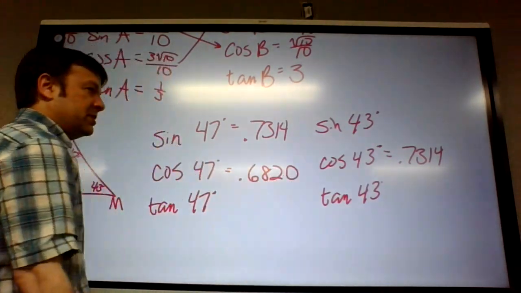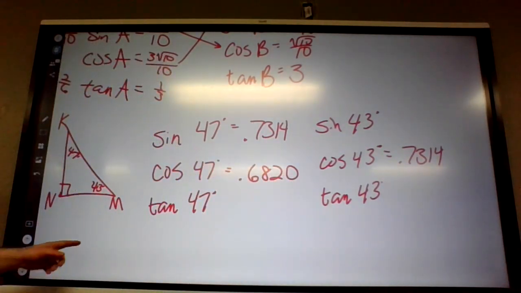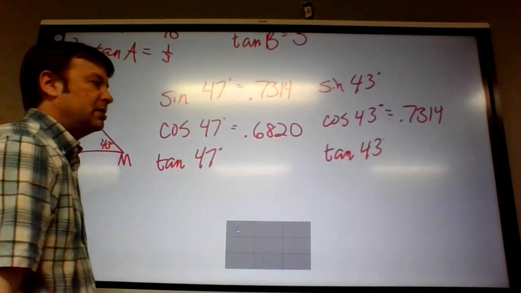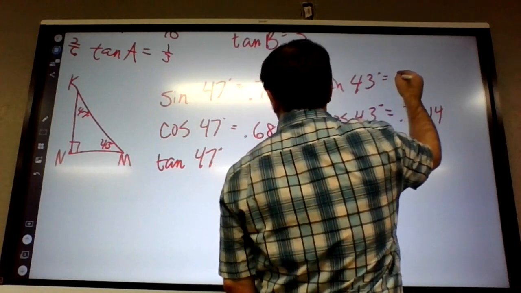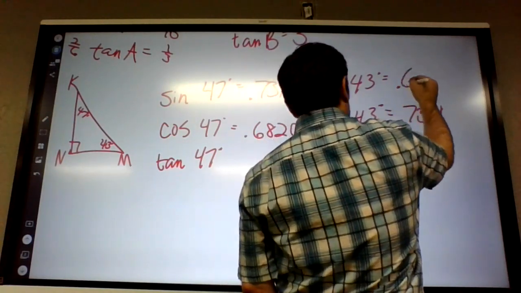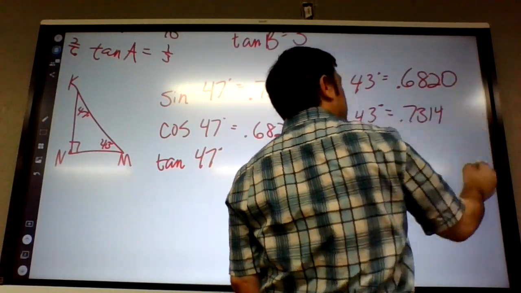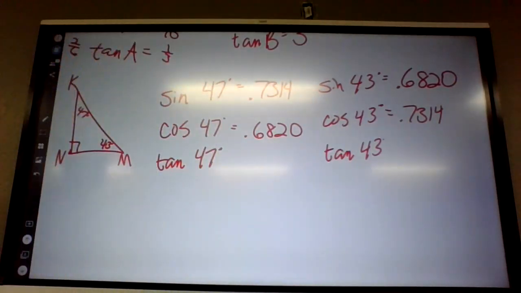Why would they put the 0 right there? Well, why don't they just leave it blank? To show how accurate they're being. Because if you show that that's a 0, you're showing that you're rounding out to that place.